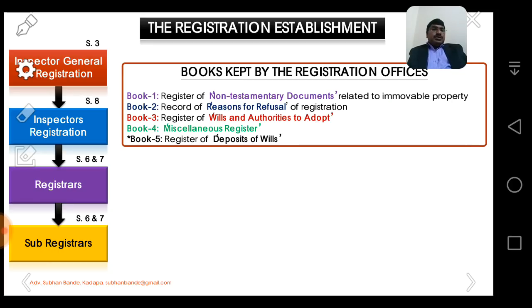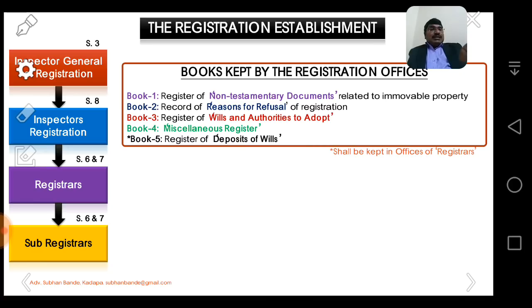We need to note that all these books, Book number 1, 2, 3 and 4, shall be kept in the offices of registrars as well as sub-registrars. In the offices of both the registrars as well as sub-registrars, Book number 1, Book number 2, Book number 3 and Book number 4 shall be maintained.